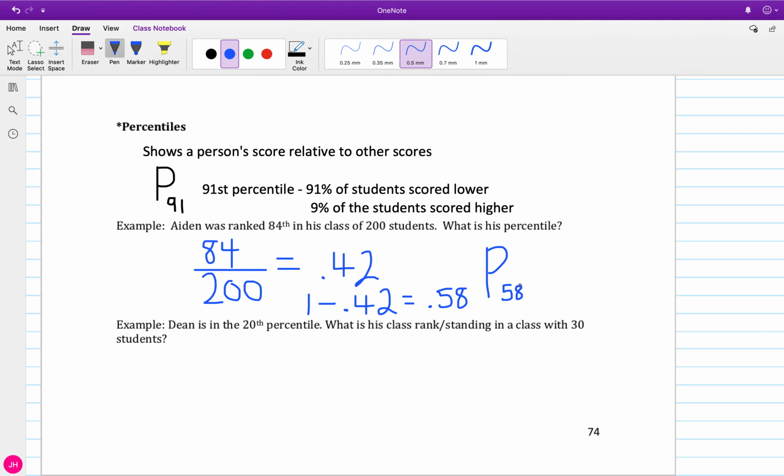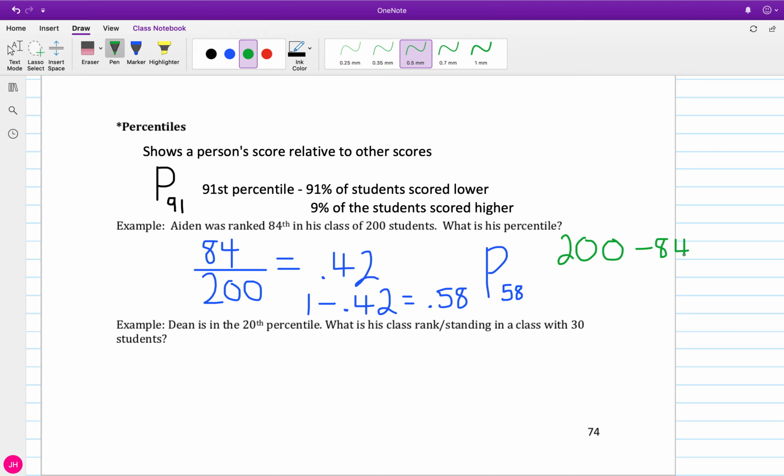Now there's another way that we can work this same problem. So I'll change colors here. Instead of turning it to a percent to start with, I could do my subtracting to start with. We're still going to have to subtract and divide, but I'm just going to change the order. So 84 tells me how many people are above me. So one thing I could do is go ahead and do my subtracting. I can figure out how many people are below me.